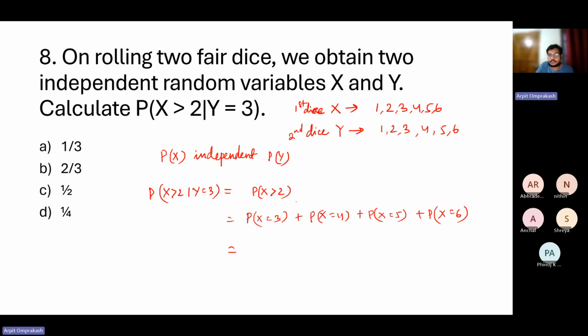So each of these are basically one number out of 6. So this is 1 by 6. Probability of getting a 4 is again 1 by 6. For 5, it's 1 by 6. And for 6 is again 1 by 6. It's basically 4 by 6, which turns out to be 2 by 3. The answer here will be option B, 2 by 3. Right.